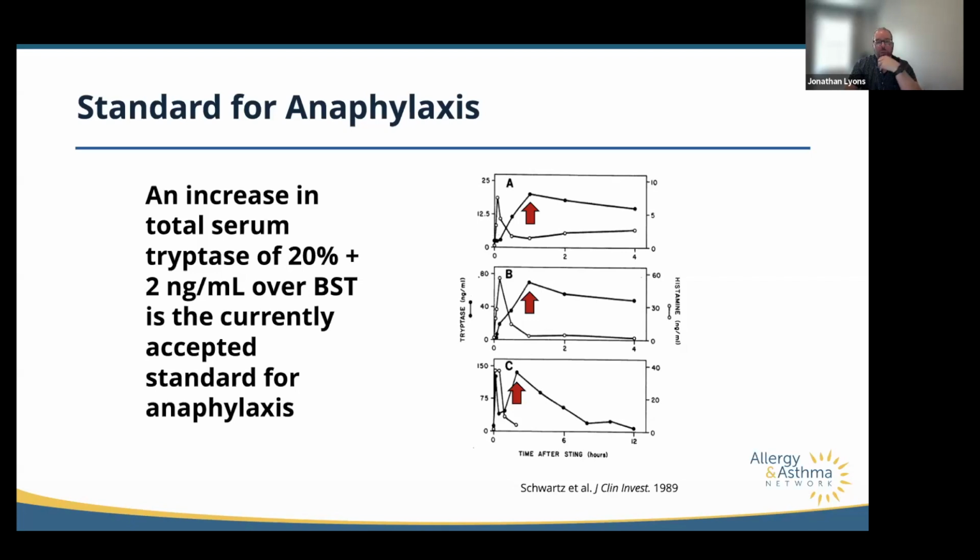And so historically, based on some old experiments that we really couldn't do anymore, where Larry Schwartz's group took bee allergic patients and then stung them and then measured their blood to see what went up. You can see in the white dots that are not highlighted with the arrow, that's histamine going up, and it goes up very quickly and then comes right back down. So it's not super useful unless you're right there when an allergic reaction happens, like it's going away within minutes.